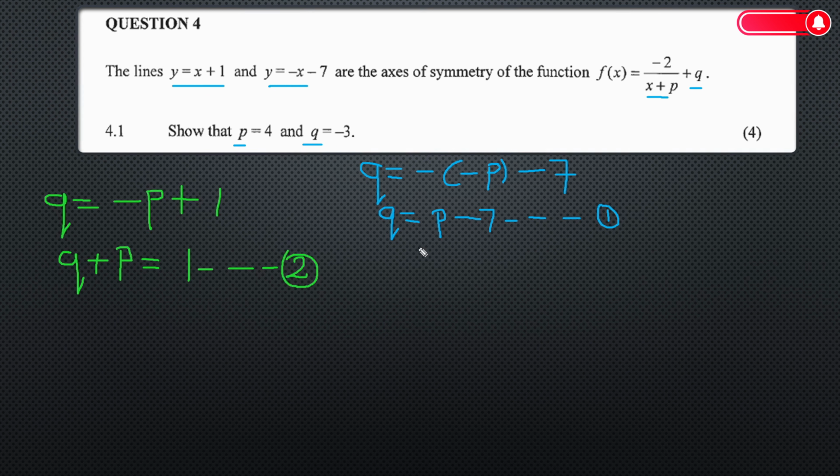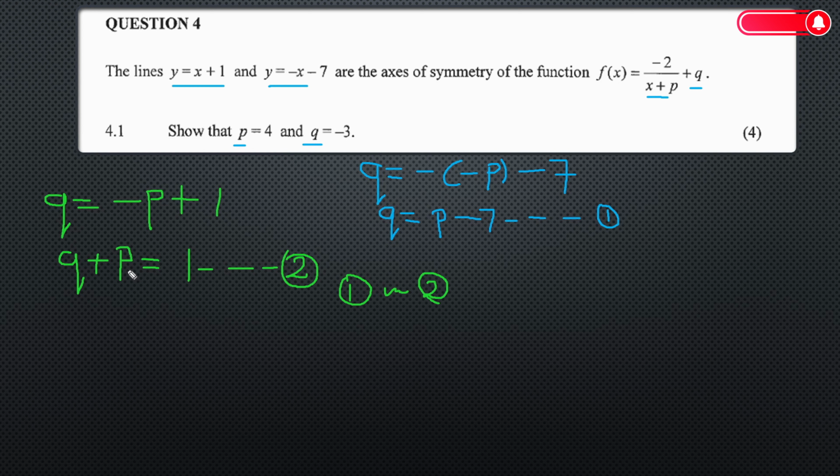So if we say that we're taking 1 into equation 2, in order for us to solve for q and p.